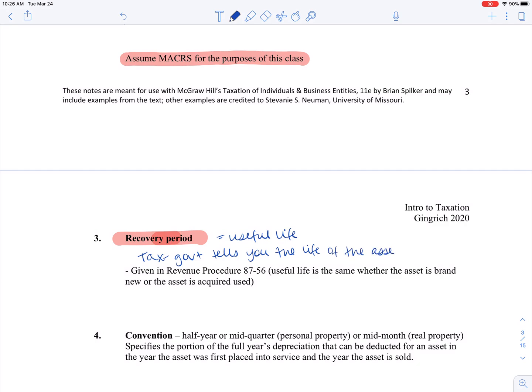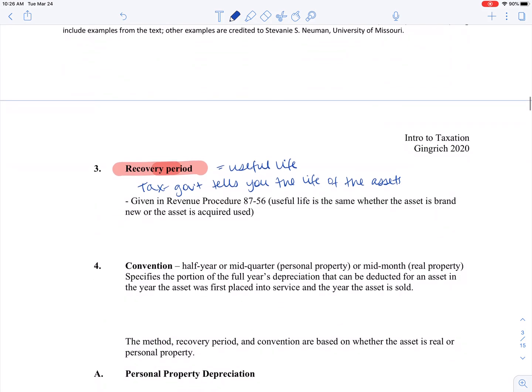And I'll give you some examples as we work through the problems. You're not going to say, oh, I think that this computer is going to last me for 4 years. No. For certain types of equipment, machinery, property, the government is going to tell you what the life is that you're going to use. We also use the useful life given to us by the government, whether the asset is brand new or acquired used.